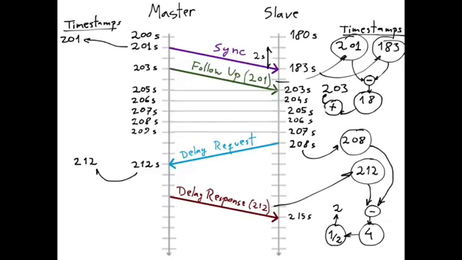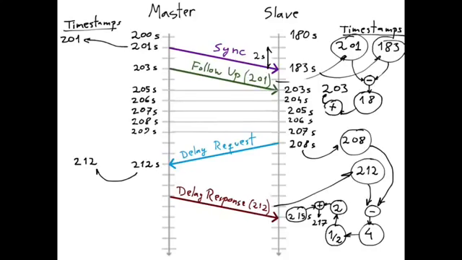Now all that remains to be done is for the slave to correct its clock value with this propagation delay. It therefore takes its current clock value and the calculated propagation delay and adds those two values together to get the new corrected clock value, which in this example has a value of 217.